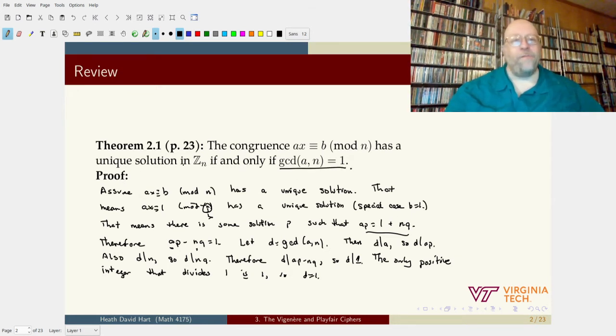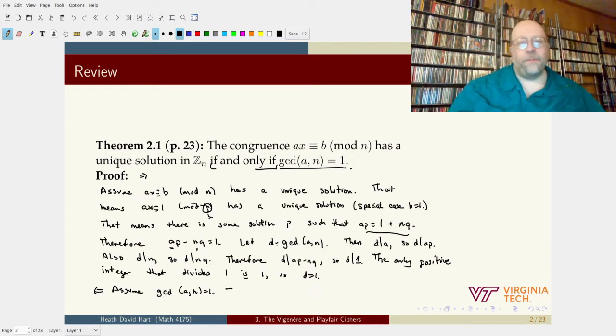And so we have a proof in this direction that if the congruence has a unique solution, then the GCD is equal to 1. But this is an if and only if statement, so we have to prove the other direction as well. But the other direction we did last time. Assume that the GCD of A and N is equal to 1. Then we could just use the extended Euclidean algorithm and solve this congruence.